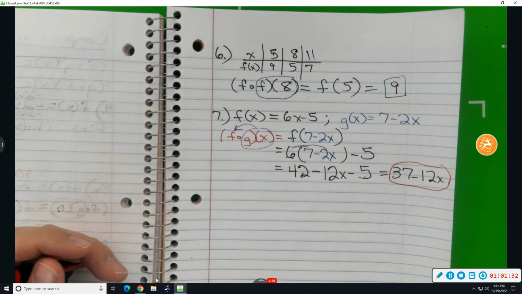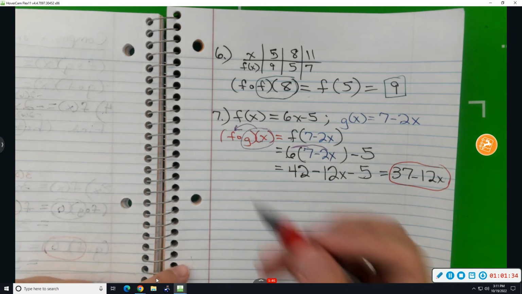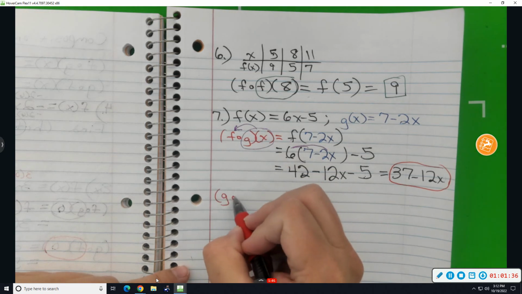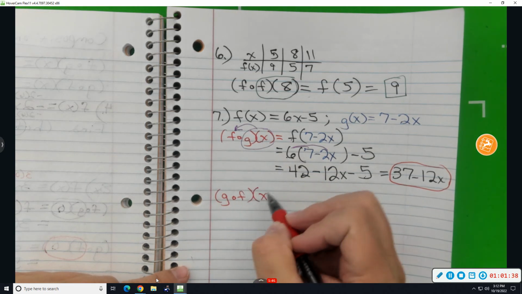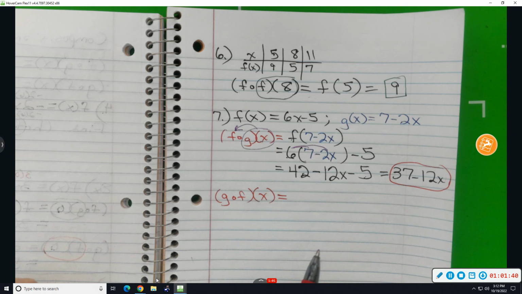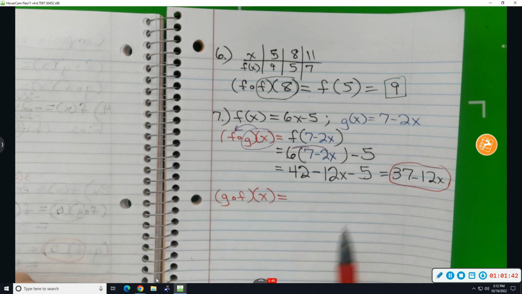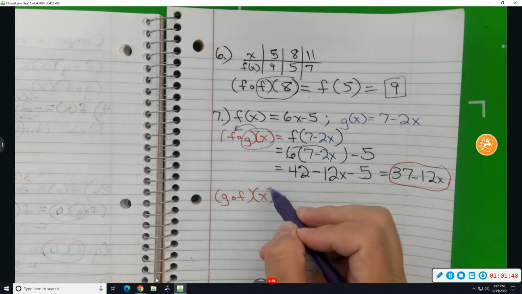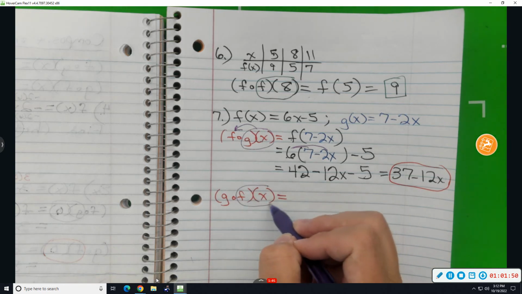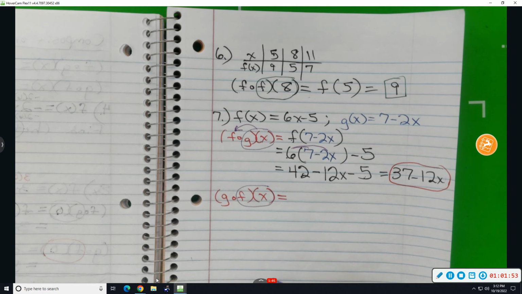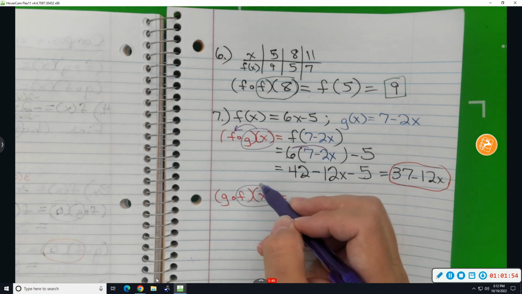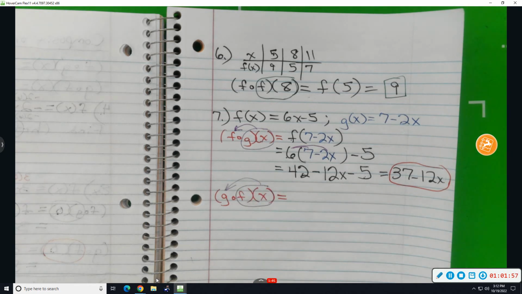They also want us to find g composed with f. In this case, my inside function is f of x. I'm going to have to take f of x and plug it into g.